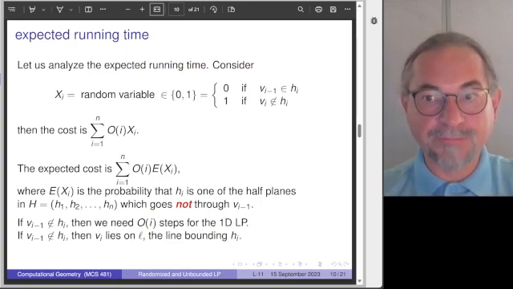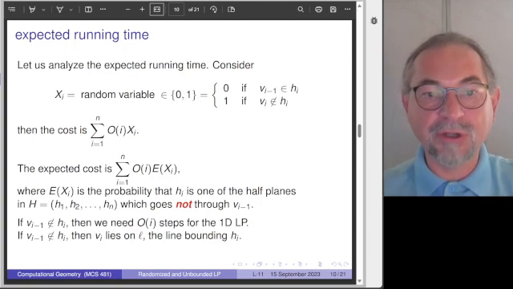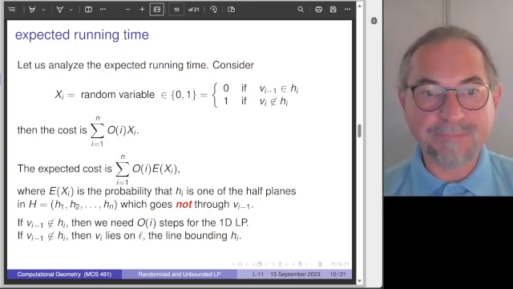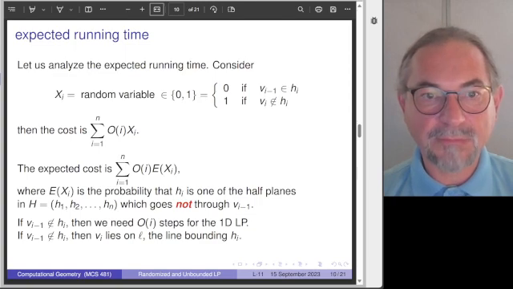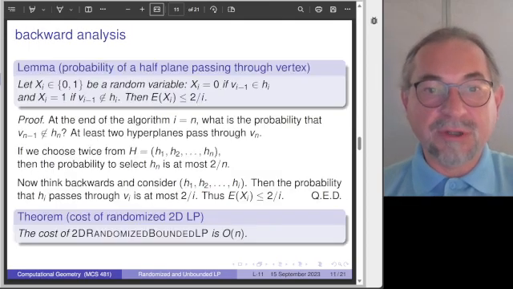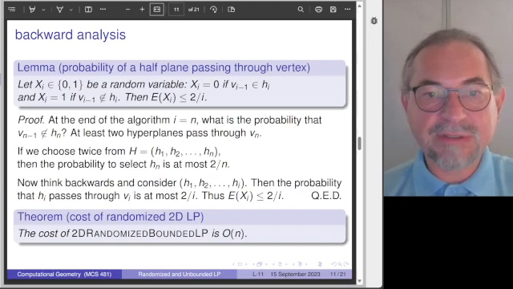And then we solve a one-dimensional linear programming problem that takes as many steps as the number of half planes. Okay, so this is the important formula here. Okay, so how do we do this?